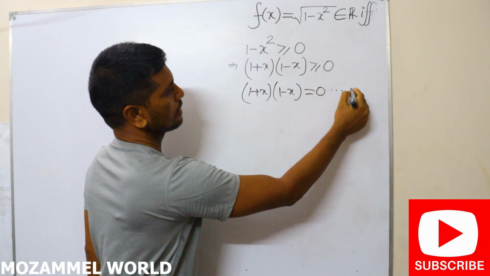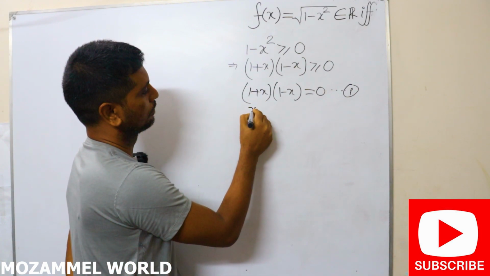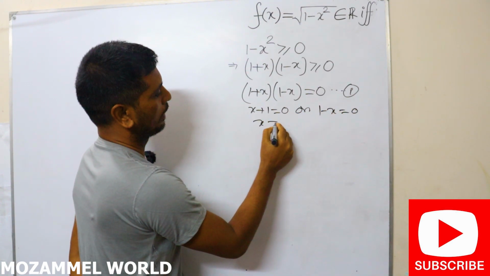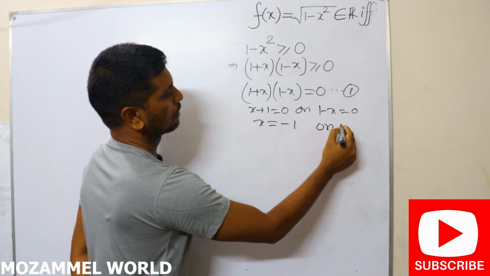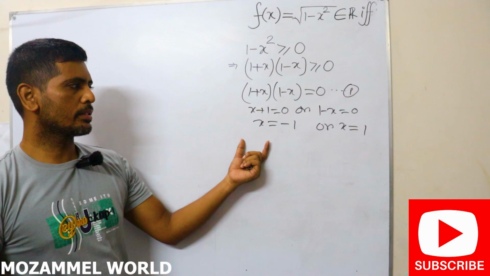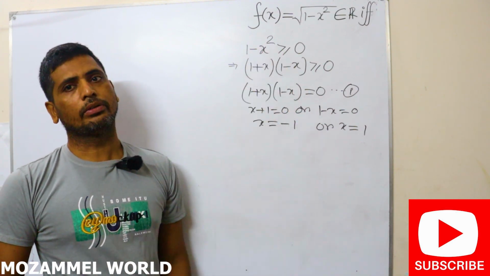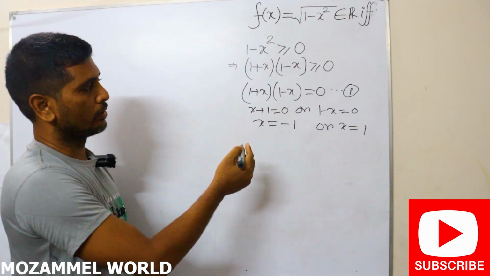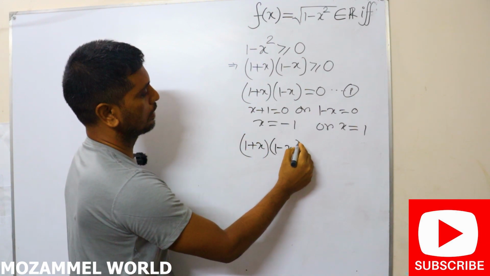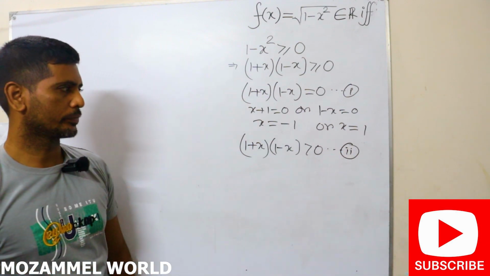I consider this equation number 1, and our value is x equals minus 1 or x equals plus 1. So x equals minus 1 and x equals plus 1 will be the values of x. Okay, we have another condition: (1 plus x)(1 minus x) greater than 0. This is condition number 2.